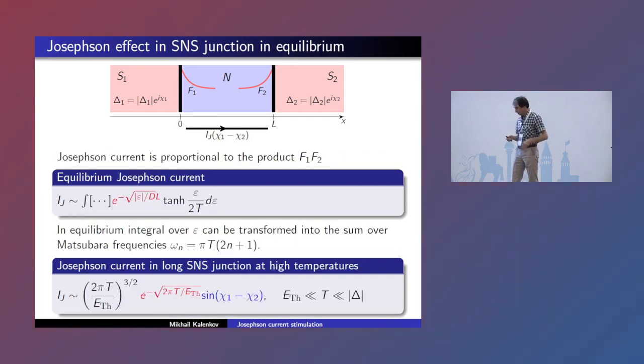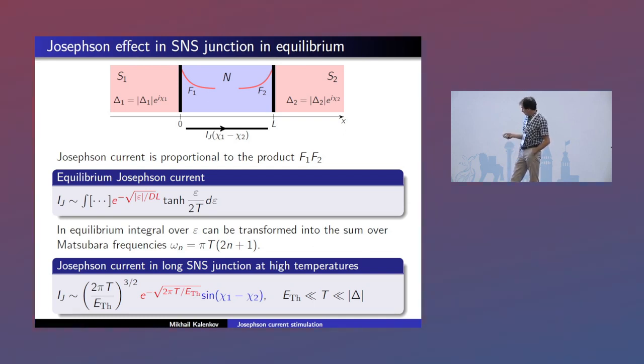And from this simple consideration, we can immediately obtain the temperature dependence of the Josephson effect in equilibrium. It is just such an integral, where this red term is just a measure of the overlap of these two functions, and this hyperbolic tangent originates from the Fermi distribution function.